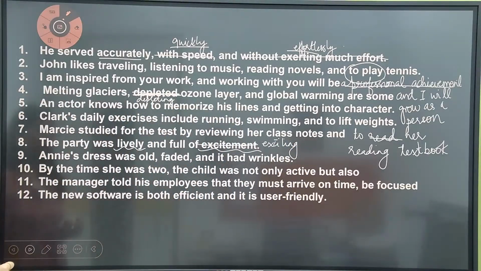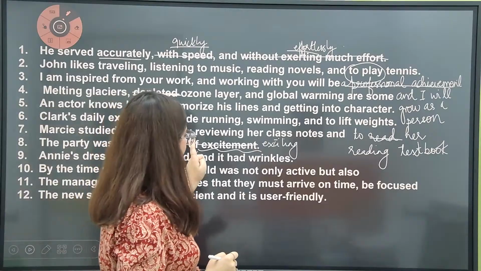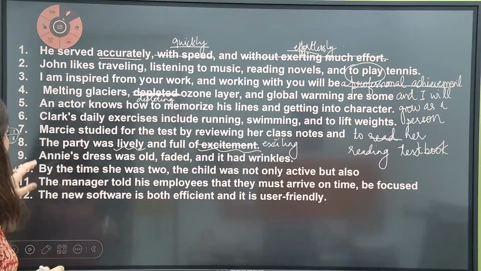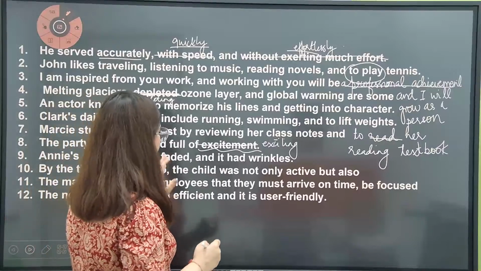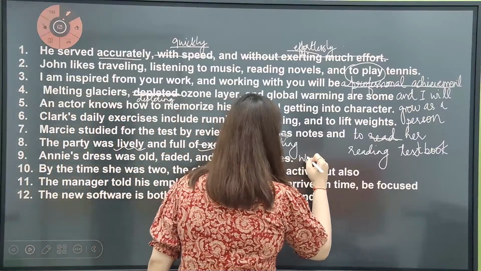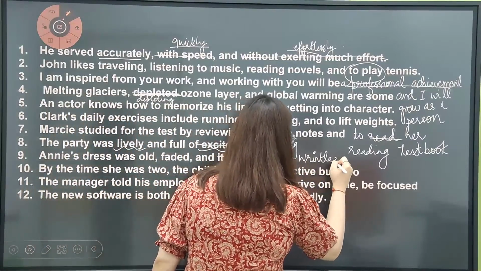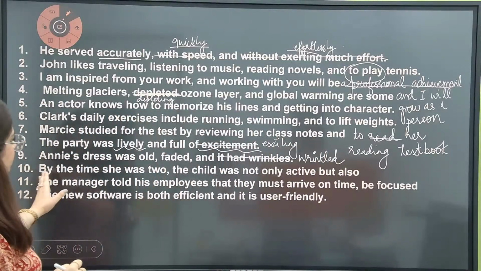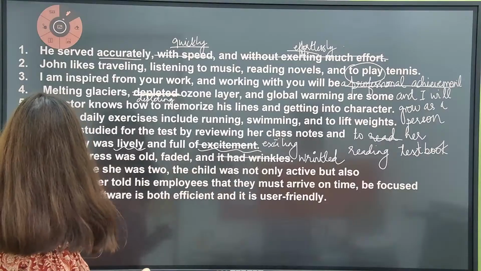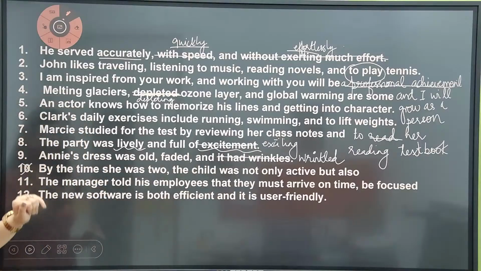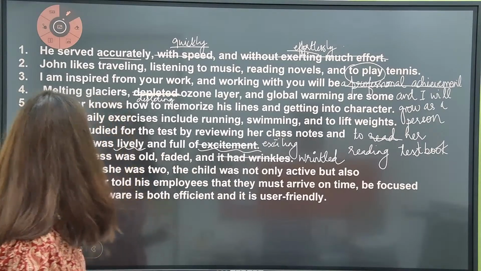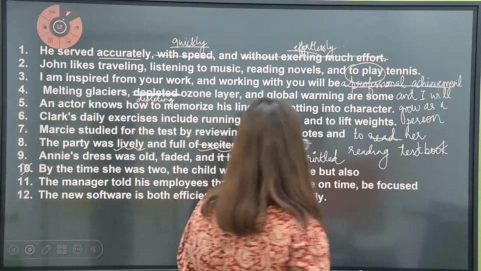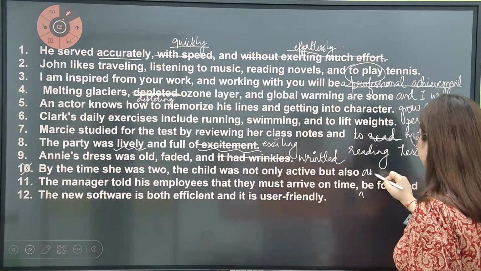Annie's dress was old, faded, and it had wrinkles. I can change it to Annie's dress was old, faded, and wrinkled. Okay, this is also incorrect, incomplete, so we'll leave it. The manager told his employees that they must arrive on time and be focused.